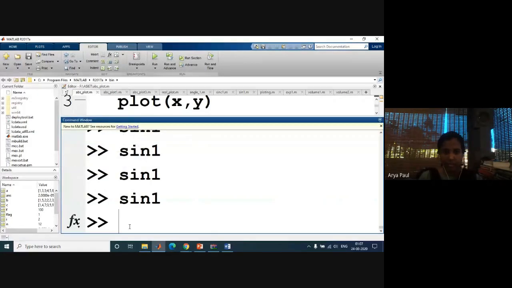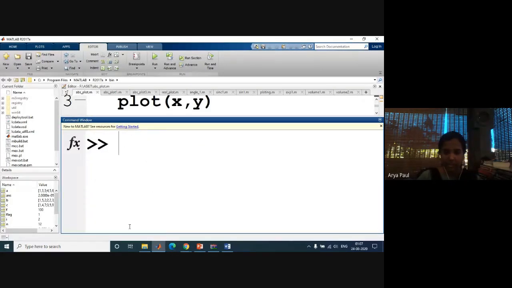In the command window, first of all, I am typing clear the screen, just to clear my screen. Then I am typing 2.15 E minus 3. 2.15 E minus 3 is just 2.15 into 10 to the power minus 3. That's the meaning.